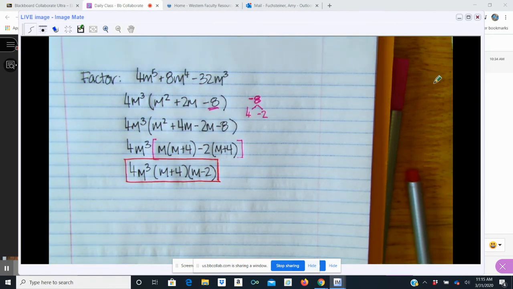And so in fully factored form, I have 4m cubed, m plus 4, m minus 2.